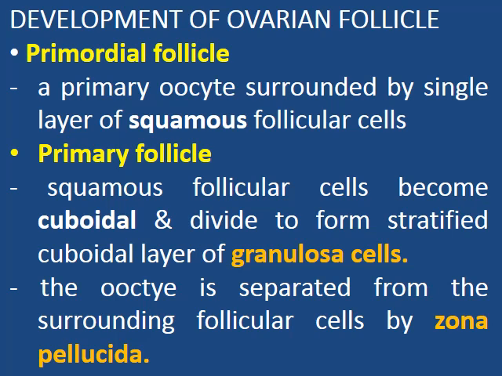Next stage of the ovarian follicle is the primary follicle, in which squamous follicular cells now become cuboidal and divide to form stratified cuboidal layer of granulosa cells. The oocyte in the primary follicle is separated from the surrounding follicular cells by a glycoprotein layer, that is the zona pellucida.